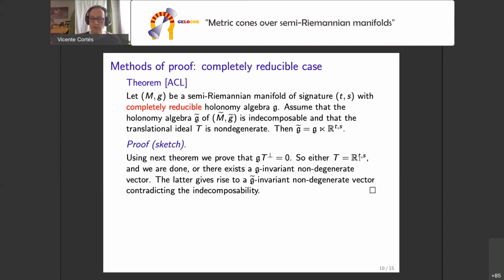Or if this is not the case, then we have a non-degenerate G-invariant vector, because we can choose in the space T perp some non-zero vector which is non-degenerate, so not light-like, and this gives a vector invariant under the holonomy representation of the base manifold. Then one can show that if such a vector exists, there's also a G tilde-invariant non-degenerate vector under the holonomy representation of the cone, so under this G tilde.